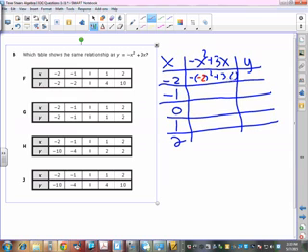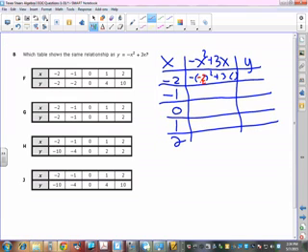Okay, so let's plug in negative 2. Do you do the exponent first or the minus first? Order of operations says do exponents first, right? What's negative 2 squared? 4. But then that blue minus makes it a negative 4.